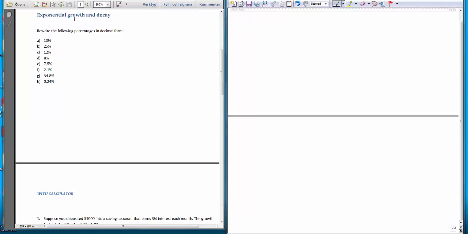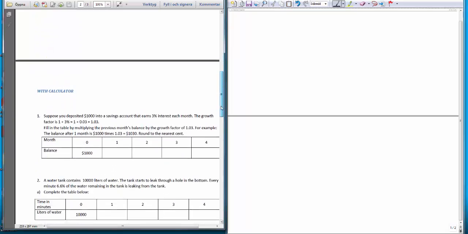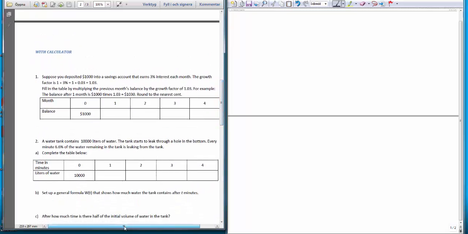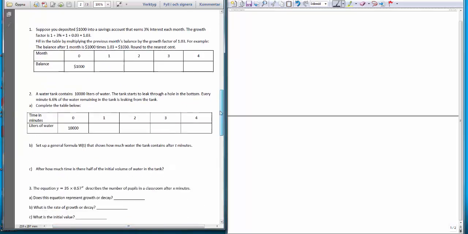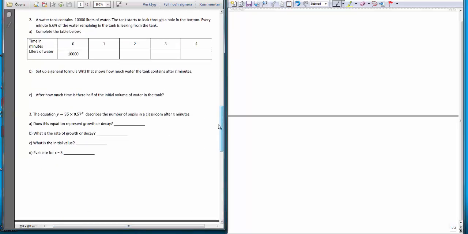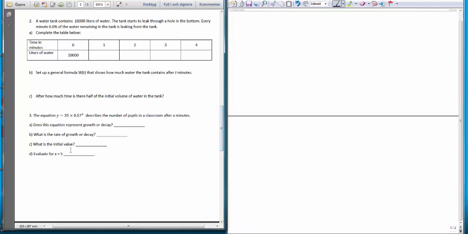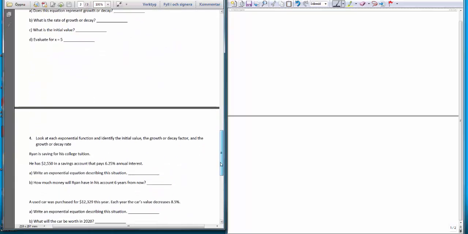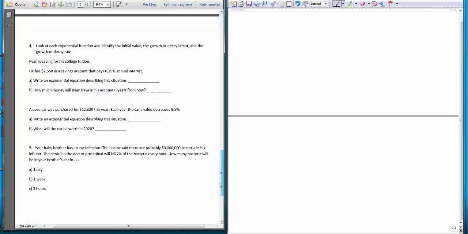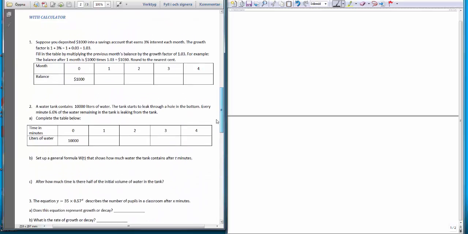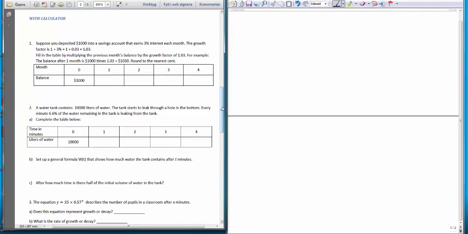Let's have a look at these exercises on exponential growth and decay. Basically, the thing that seemed to be difficult was interpreting the text and understanding what they call the rate of growth or decay, and also finding the factor.